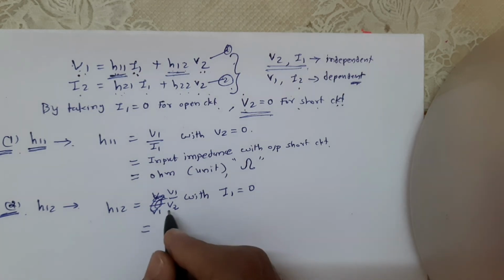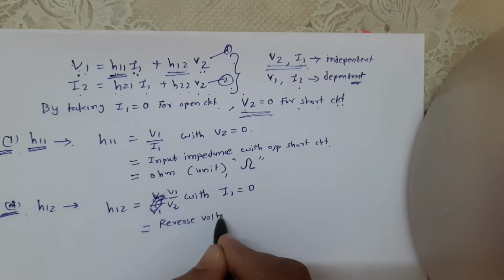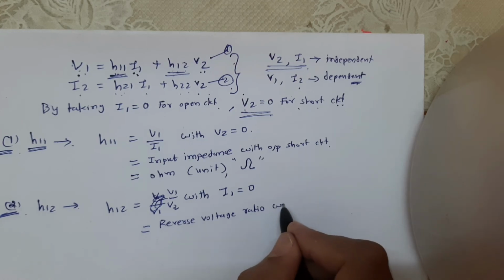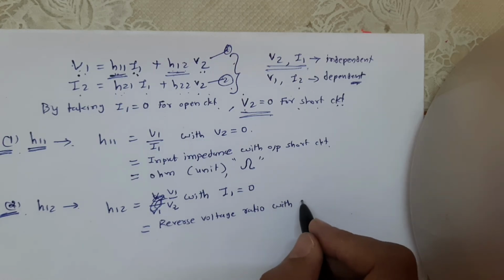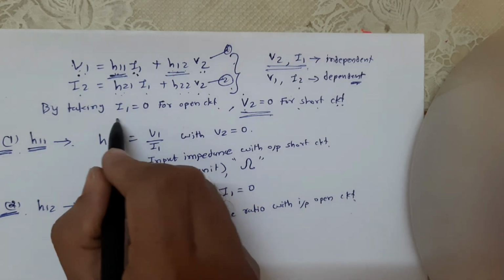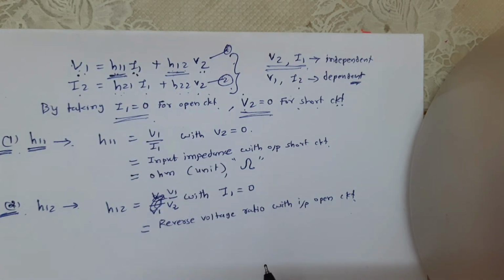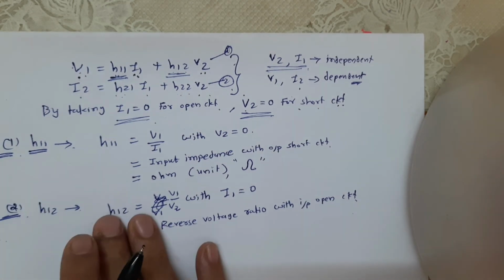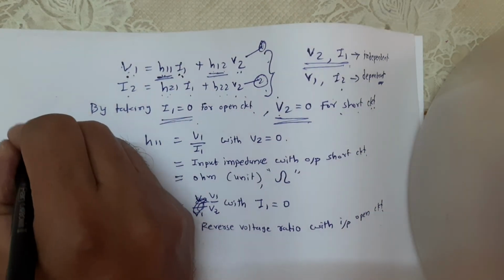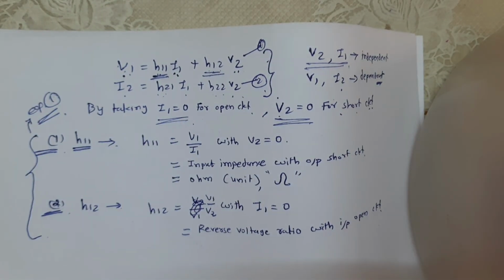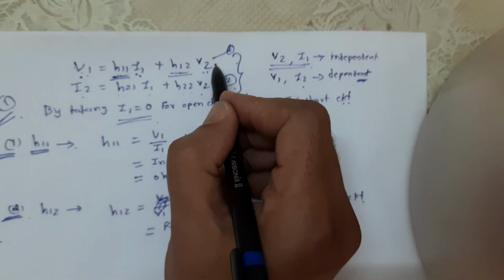Where is I1? This is equation 1, this is equation 2. Putting I1 is equal to 0, H12 is equal to V1 upon V2, and this is also known as reverse voltage ratio with input open circuit. Why input open circuit? Because we are using I1 is equal to 0. With the use of equation 1, we are getting these two.